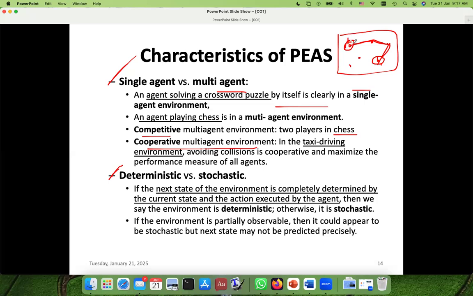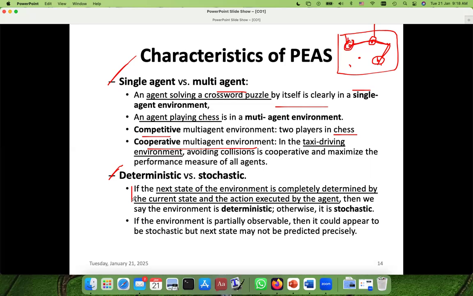If your agent is moving from here to here, then moving from this city to that city is the action, but this is the current state, and after performing the action, this is the next state on this path. Now you will understand these two lines.